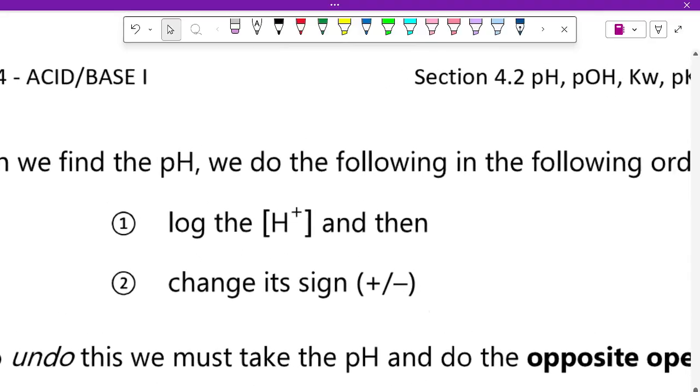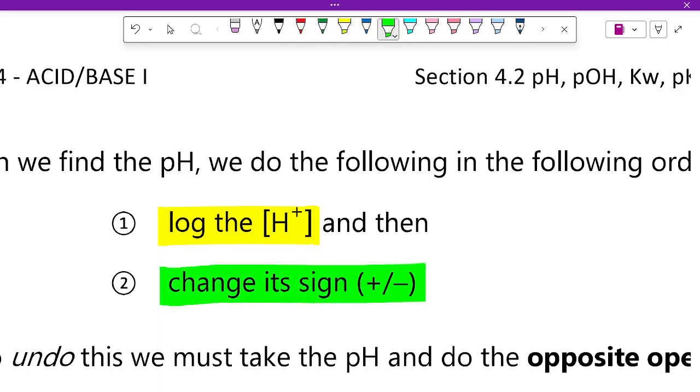Now, just as a reminder, if you're confused and can't remember how to go from pH to hydrogen, when we find a pH, the first thing we do is we log the hydrogen, and then we change its sign.